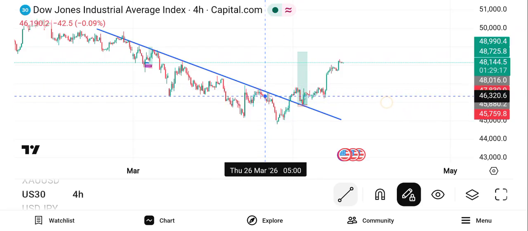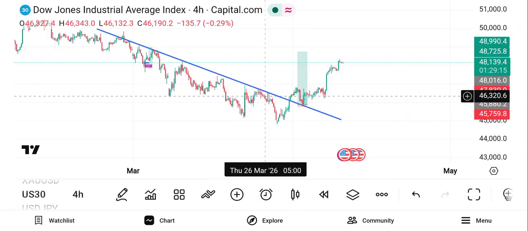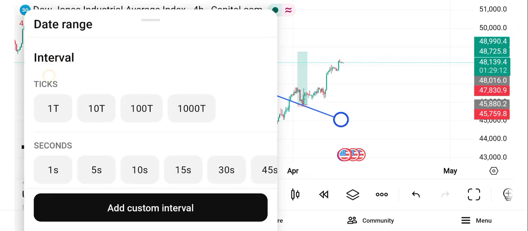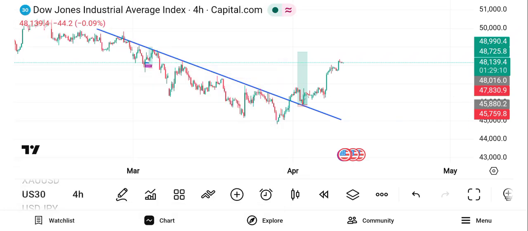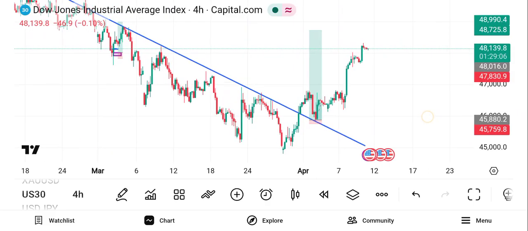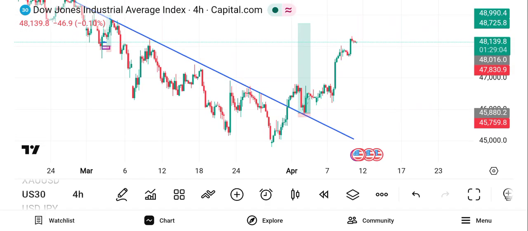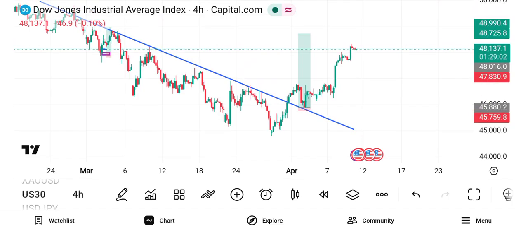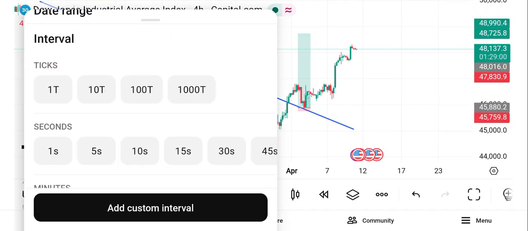So when I see that market structure shift has occurred on a 4 hour time frame, what do I do? I switch to my 1 hour time frame to look for entry, because you might not see entry on your 4 hour time frame.